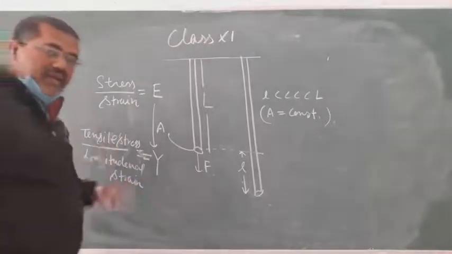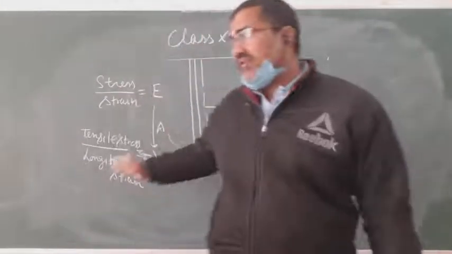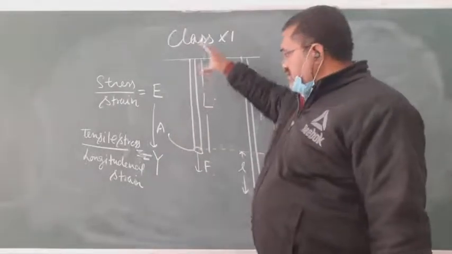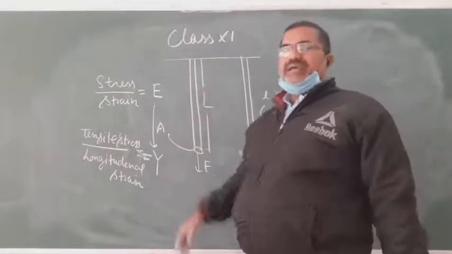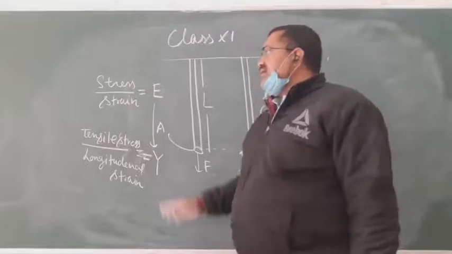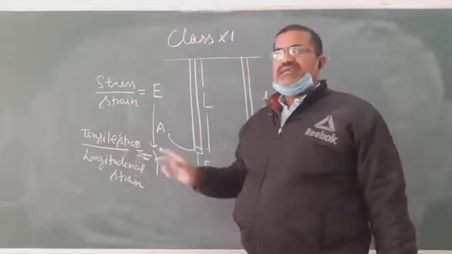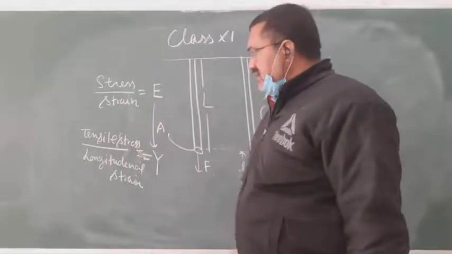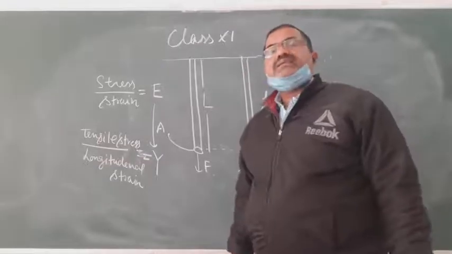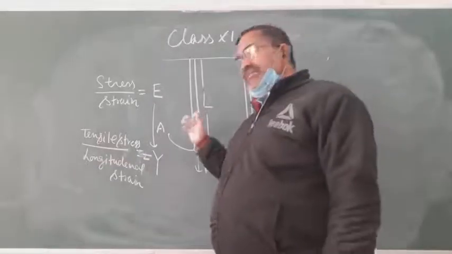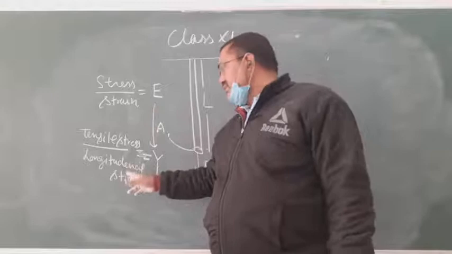We have already told you that when linear body is deformed by external force, then stress acted on that body is called tensile stress, and strain obtained in that linear body is called longitudinal strain.